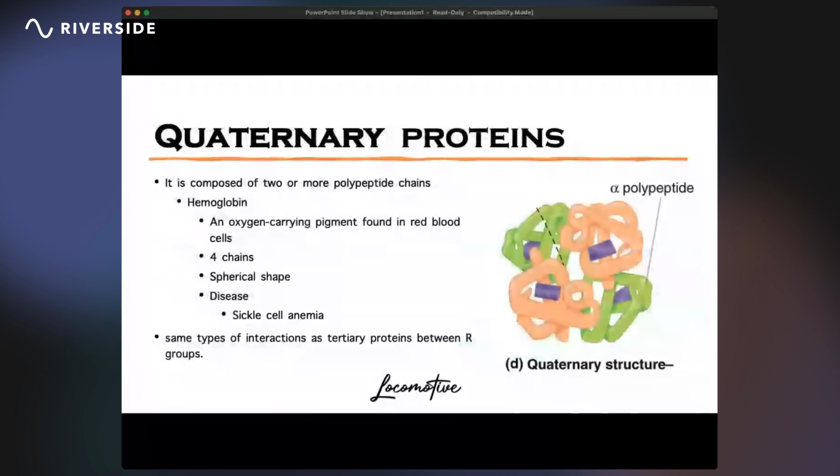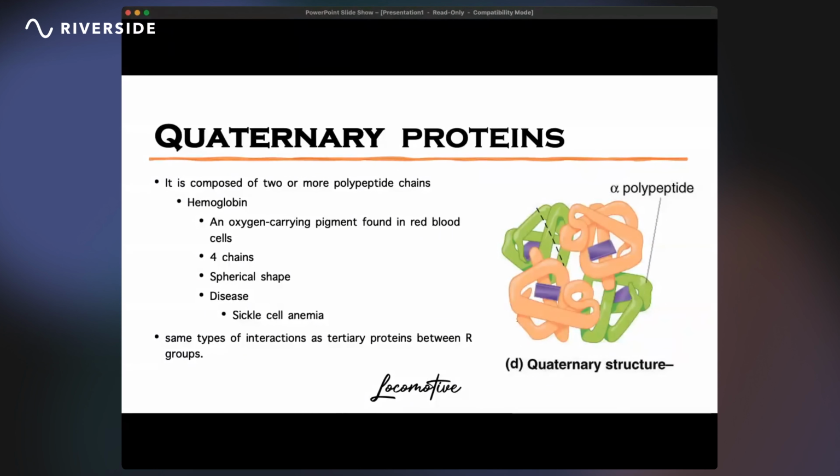And the last one is quaternary structure. Many proteins consist of two or more polypeptide chains. Quaternary structure is the overall protein structure that results from the aggregation of these polypeptide subunits. The same types of interactions that produce secondary and tertiary structures also contribute to quaternary structure.